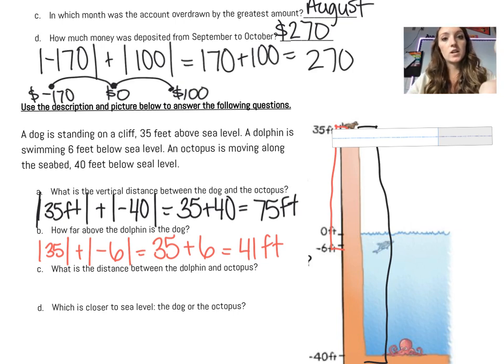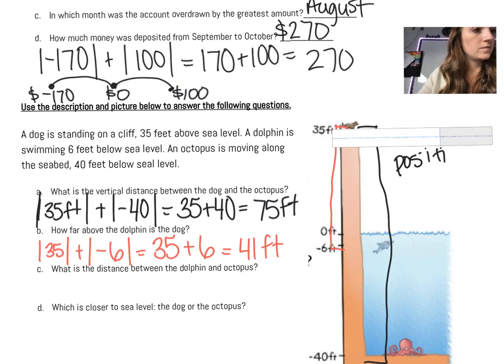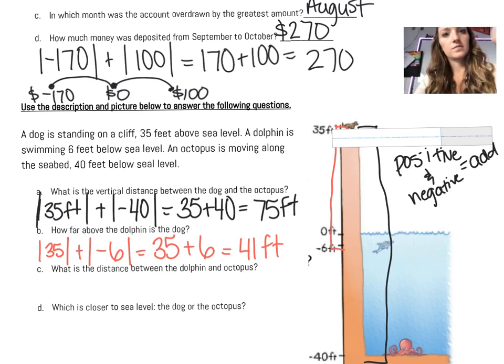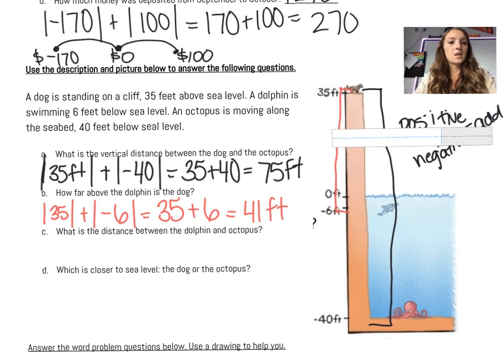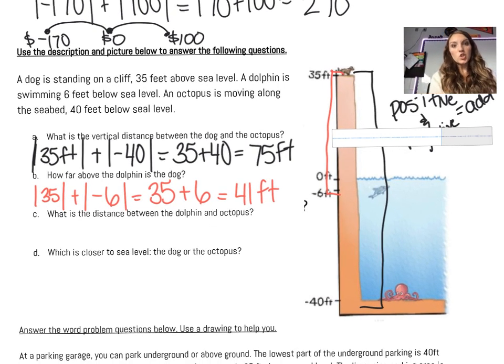So a positive and negative tells us that we're going to add. But now let's look at maybe when we have two negatives.